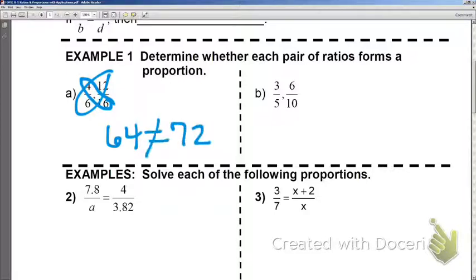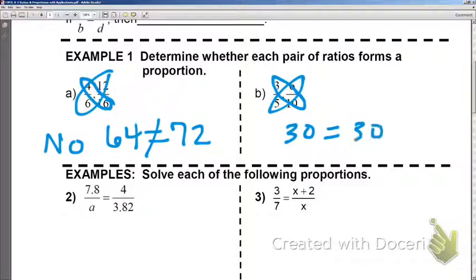These are not congruent, so no, they are not proportional. Same thing on B, 3 times 10 is 30, and 6 times 5 is 30 also, so these are equal. So yes, they are proportional.